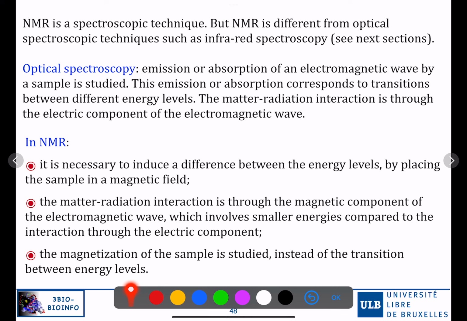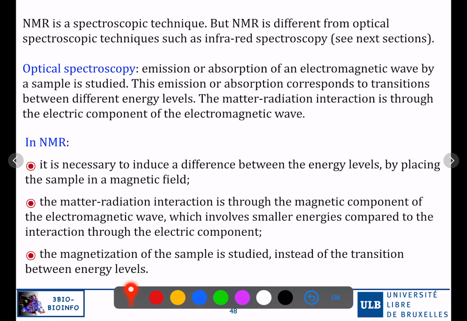In NMR, in fact, we will see that it's a little bit different. First, you will have to induce an energy difference between the different levels. And to do that, you will place your sample in a magnetic field. So that's the first difference. A second difference between classical optical spectroscopy and NMR is that the matter radiation interaction is through the magnetic component of the electromagnetic wave.